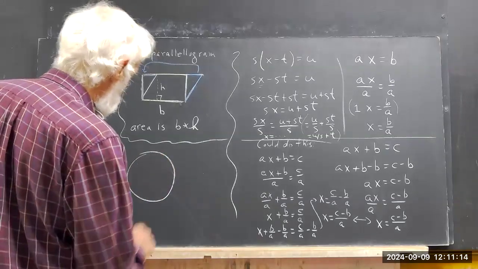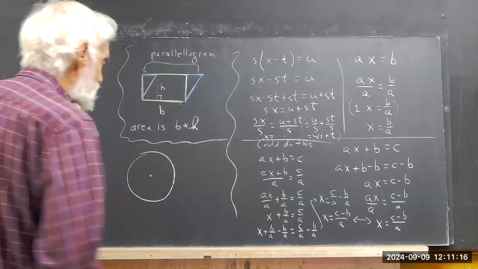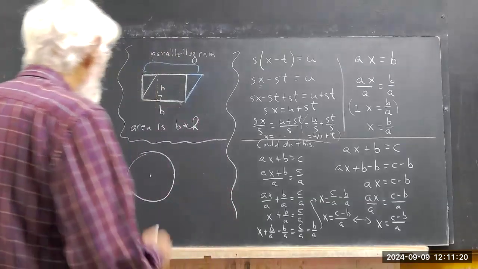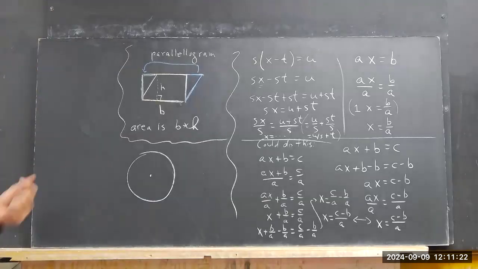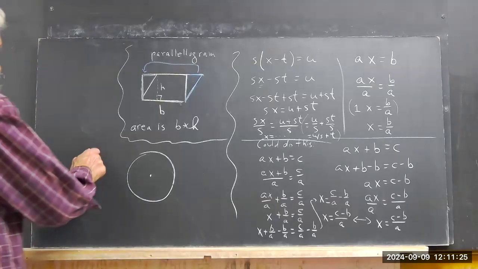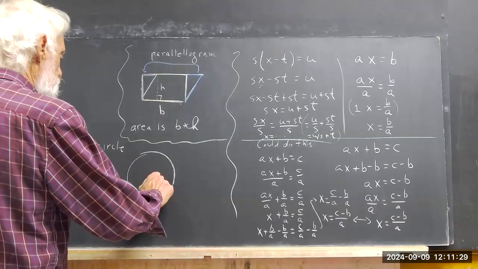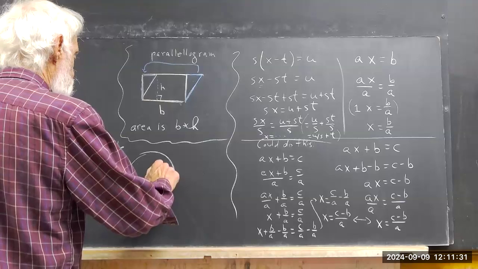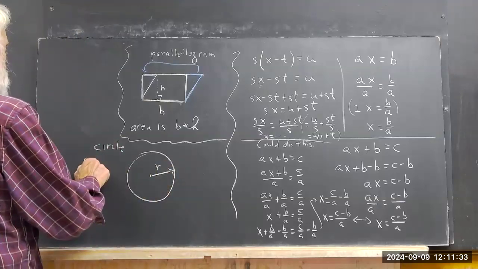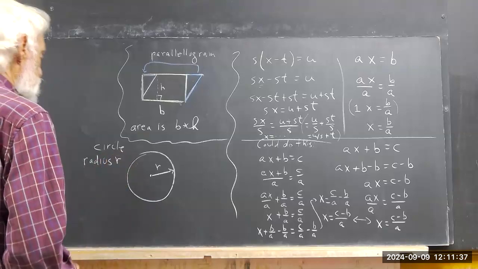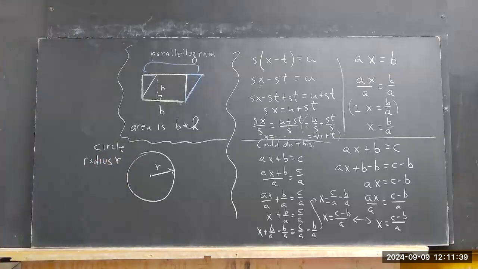Right there is a beautiful circle. It looked good to me from that angle. If I look at it from here, it's a little lopsided. It's supposed to be a circle. Circle of radius r.